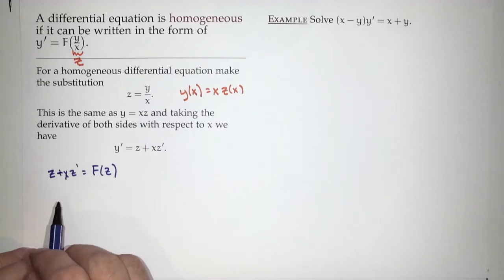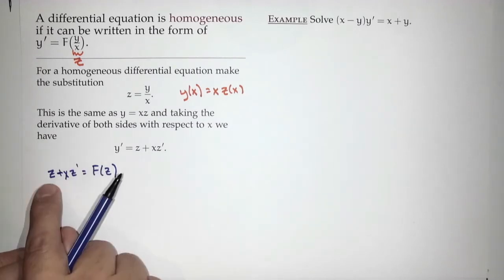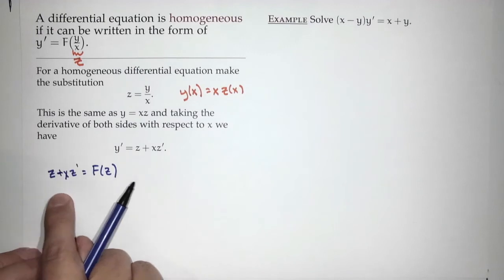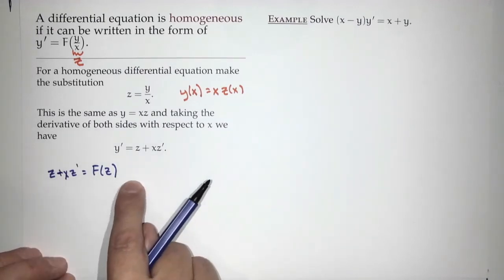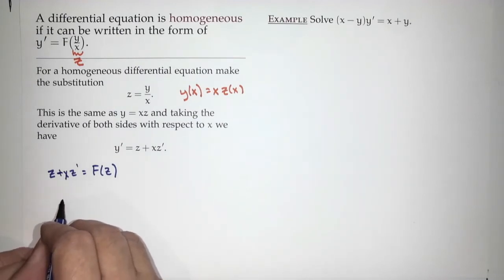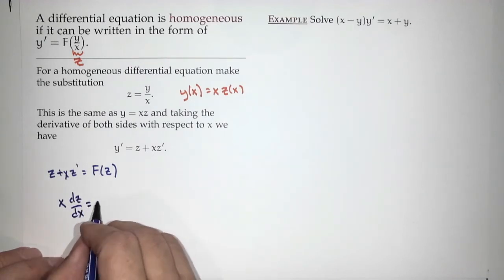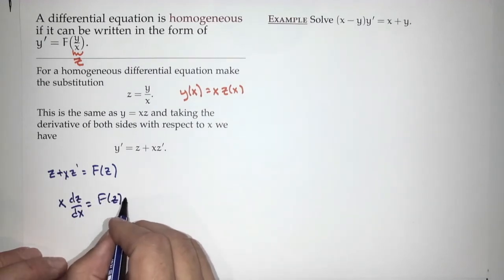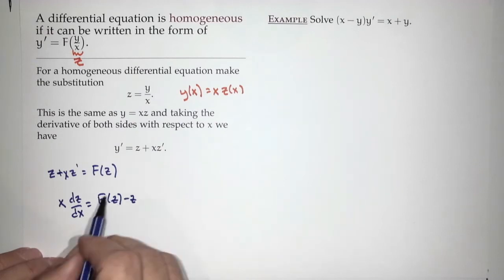But what can we do? Separate. How? Oh yeah, let's take the z to the other side. That's a good idea. So we'll leave the x there and we'll say that's dz dx, and that's f of z minus z. And now we say, oh look, the x dx can move across and the f of z minus z can move across.